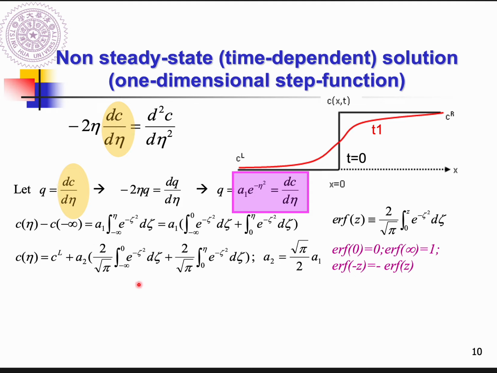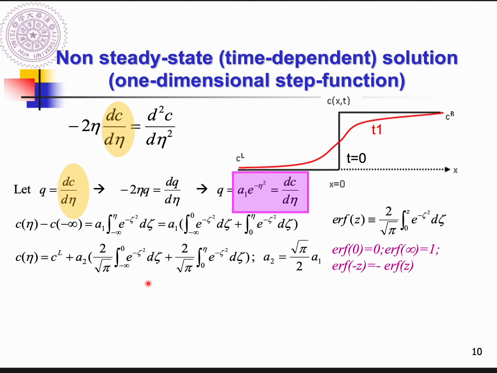Okay, so let's take a look at this one. What's this value? This one is negative infinity to 0. You can switch the upper and bottom limits, so it becomes 0 to negative infinity. If you do it this way, you need to multiply by negative 1, right? And 0 to negative infinity, because it is an odd function, gives negative 1 again.